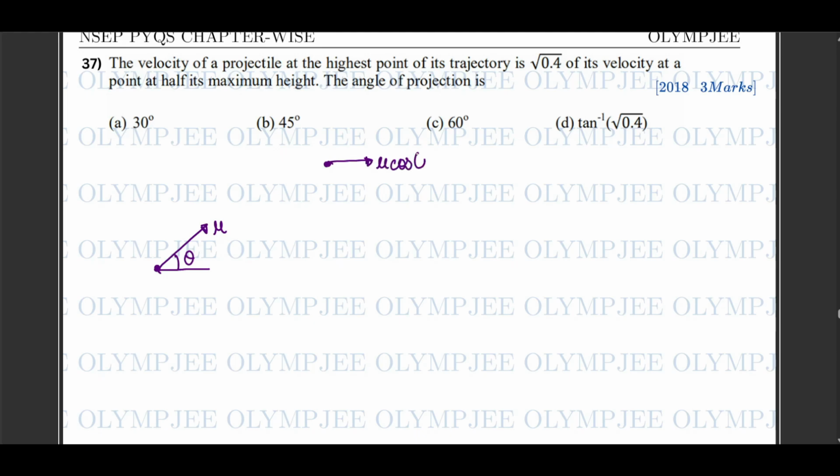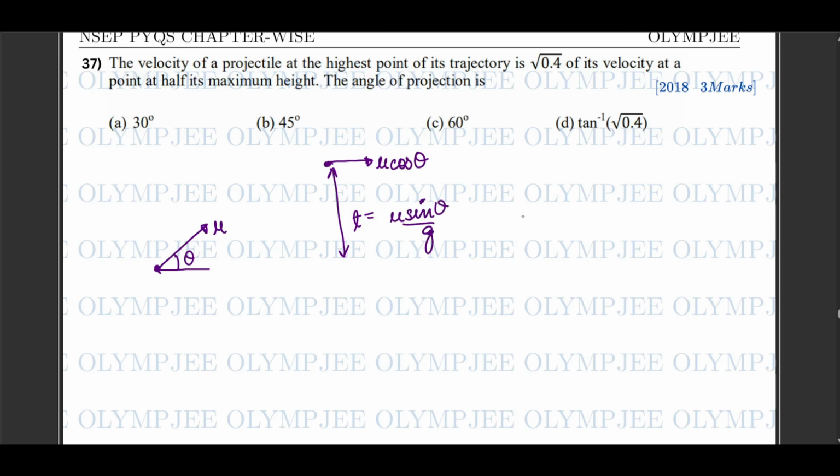This is a well-known fact. So we need to find what will be the velocity at half height. So we know that the time taken to reach maximum height is given by u sin theta by g.